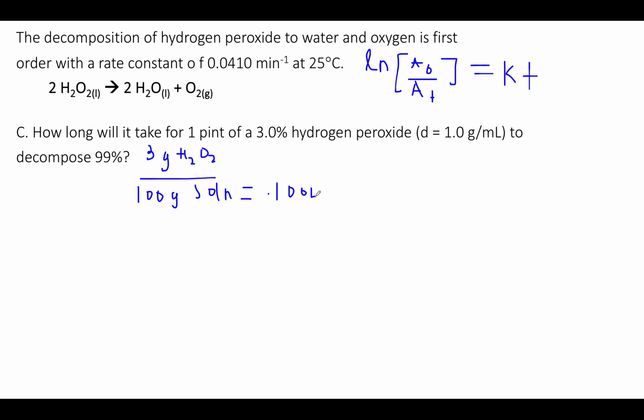As far as the moles of peroxide go, because molarity equals moles of solute over liters of solution, to find the moles of hydrogen peroxide, I would take the 3 grams and divide it by the molar mass, which is 34.